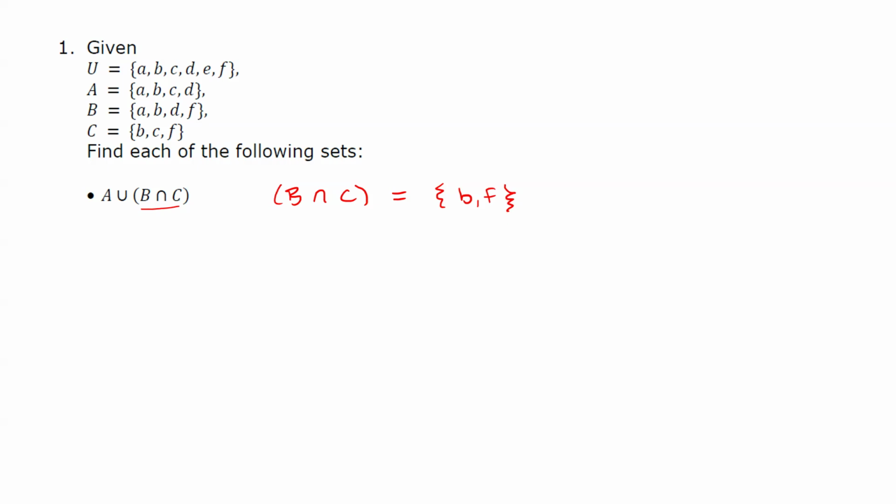Next, we want to find the union between this set and set A. Now, set A is the letters A, B, C, and D. So A union B intersect C would be the elements A, B, C, D, and F.